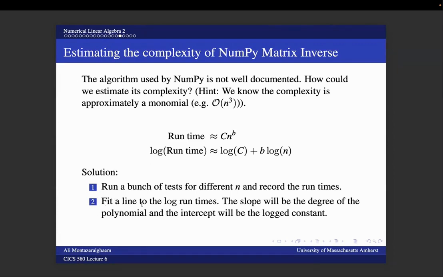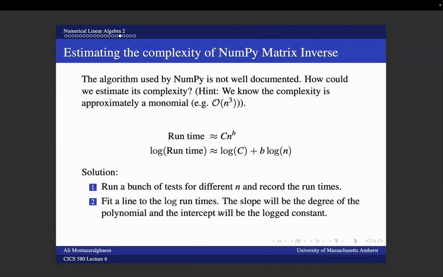Then we fit a line to the logarithm of the runtimes of all the tests that we have, and by finding the slope of this line, we can say what the b is in this equation.